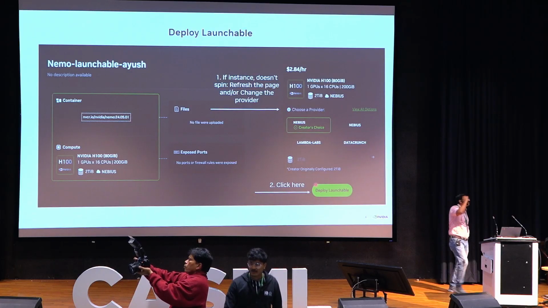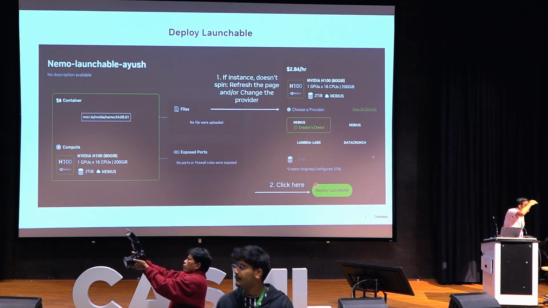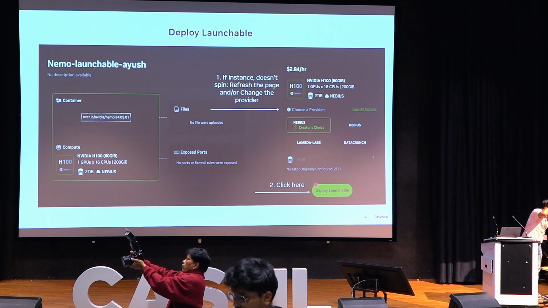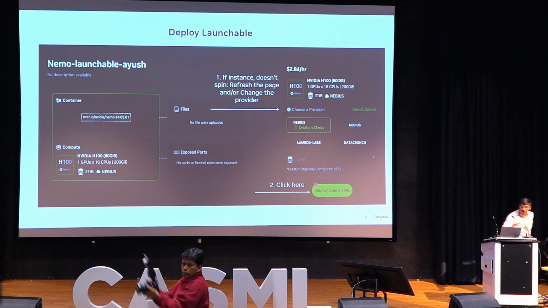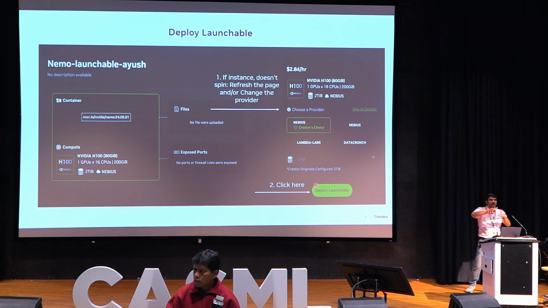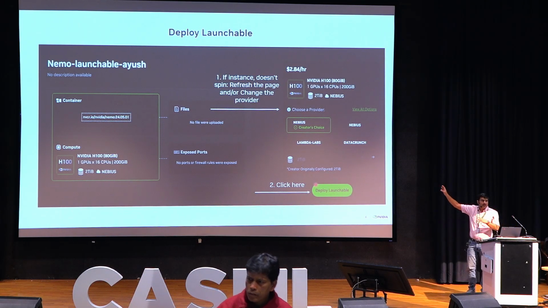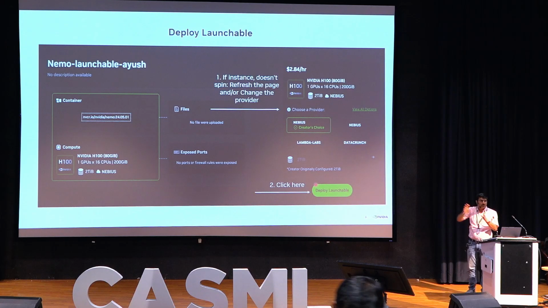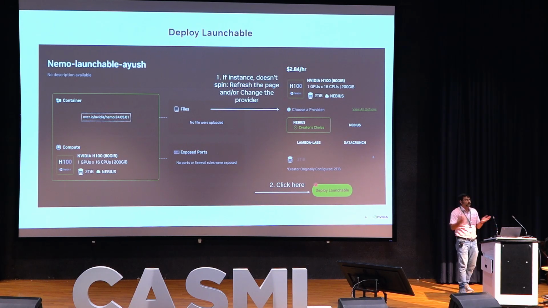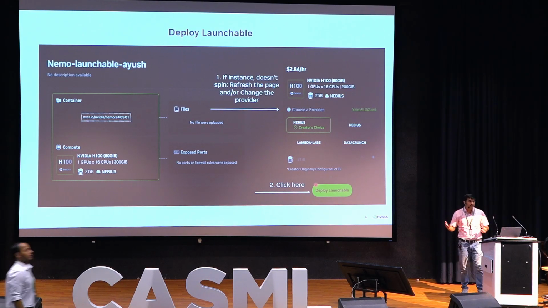Anyone not able to? Yeah, please. Can you be a bit louder? Yeah. So if it's an insufficient capacity, you can choose any other provider. These providers are basically a few cloud service partners or neo cloud partners which are hosting these instances.